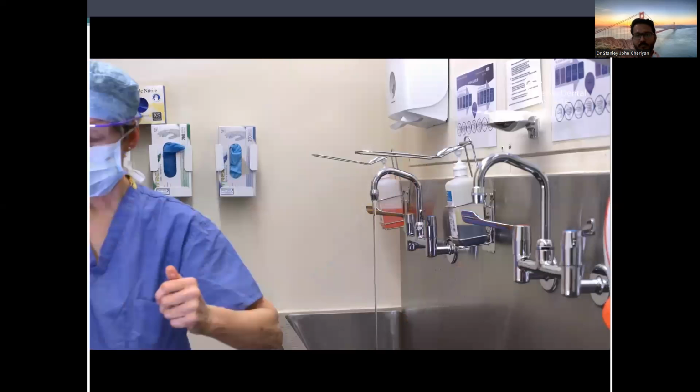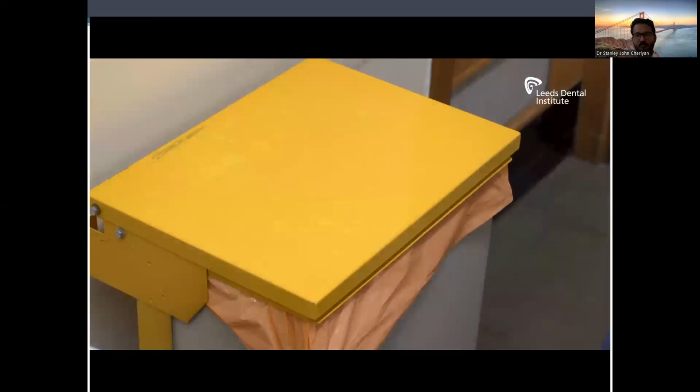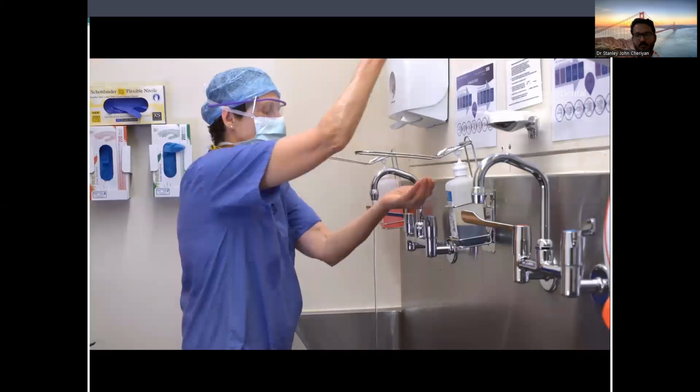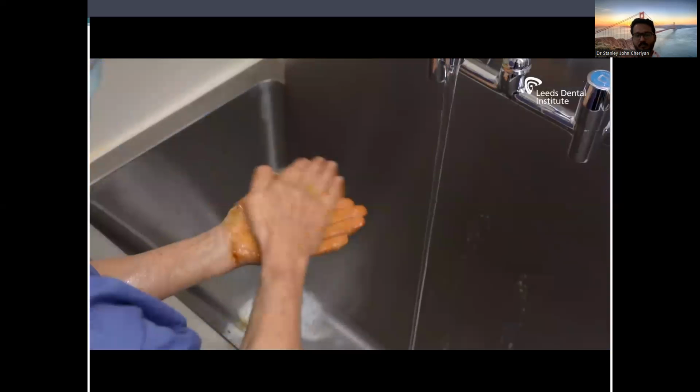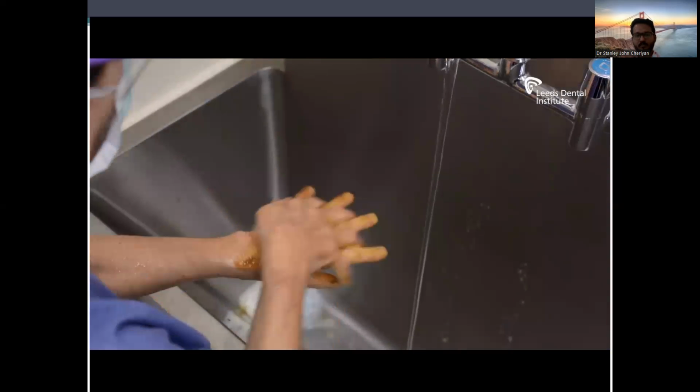Wet your hands and forearms and apply approximately 5 ml of antimicrobial solution. Working from your fingertips down to just below your elbows, use the same 7-step method that you used for the pre-scrub.